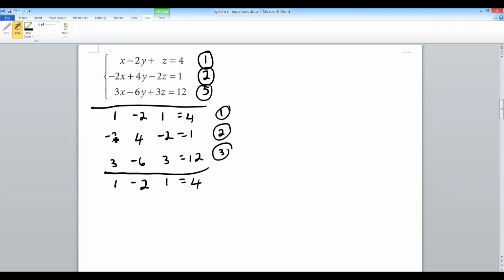For my second row, I want to eliminate my x values. So in order to eliminate my x values, I normally write here on the left hand side. In this case, I don't have space, so I'm just going to write it here on the right hand side.